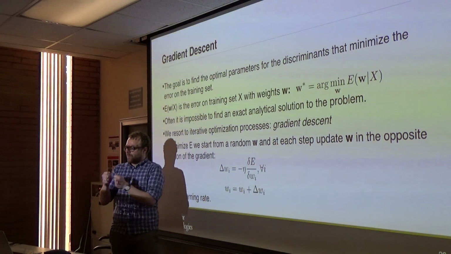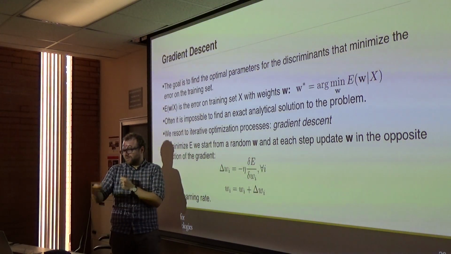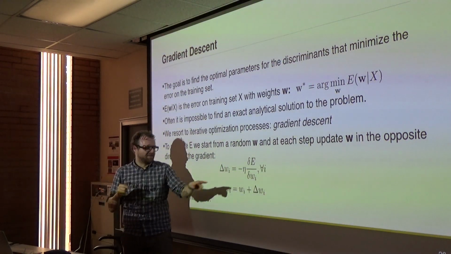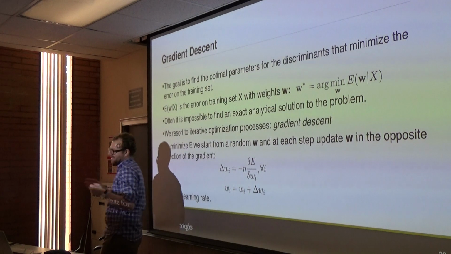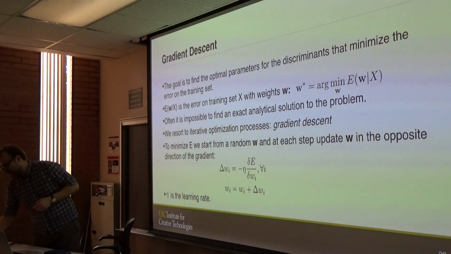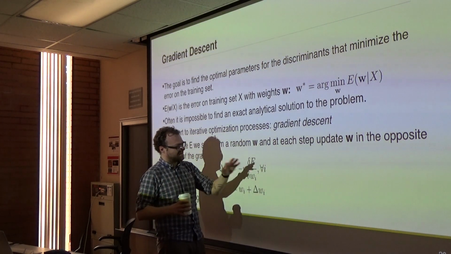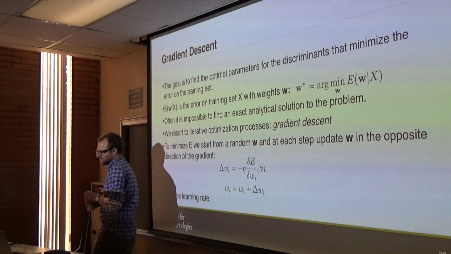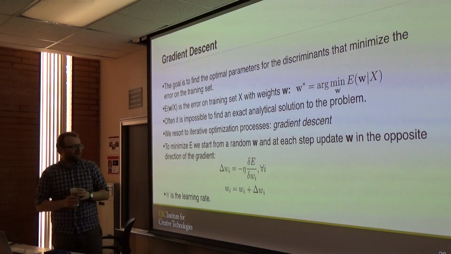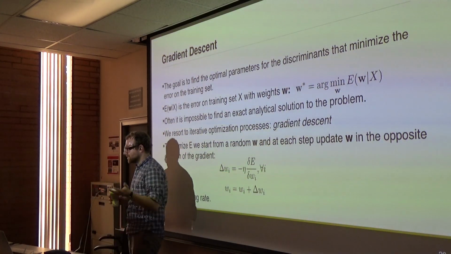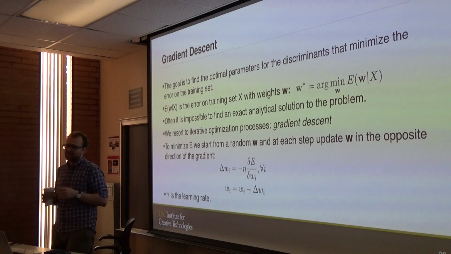You don't walk the entire gradient, because that would be too much, but you walk a tiny bit. That's this eta, and usually this eta is anywhere from sometimes 1 even, which means you walk the entire gradient, to sometimes 0.00001 or something like that.